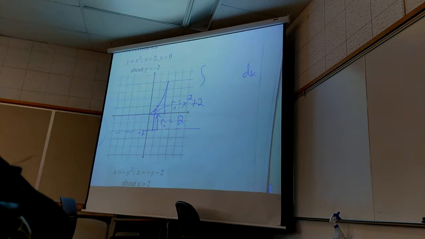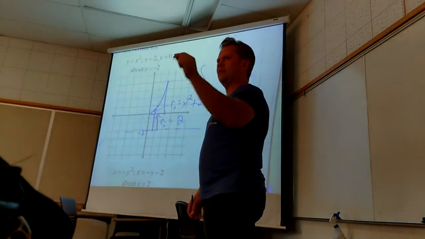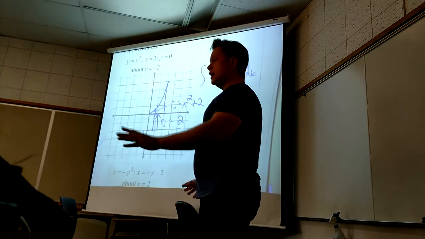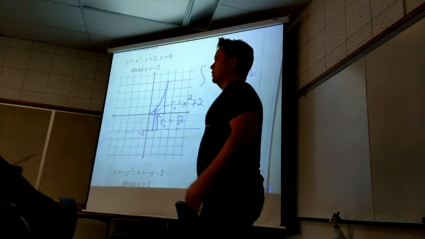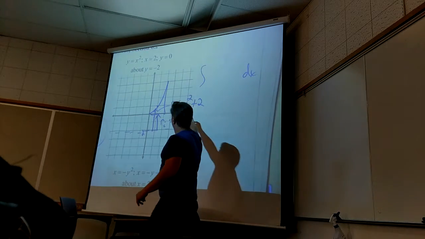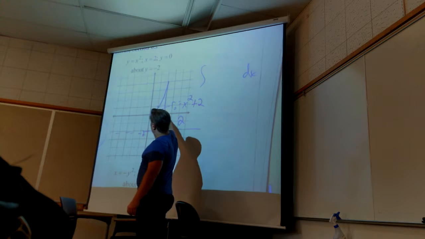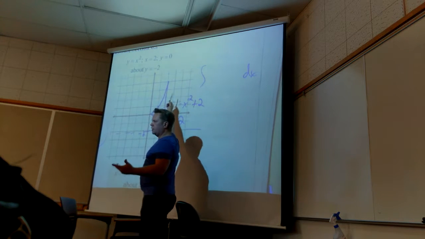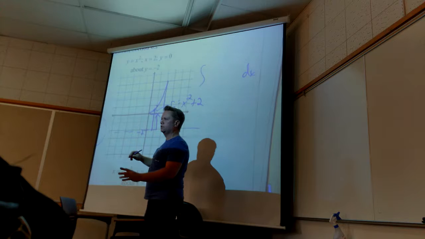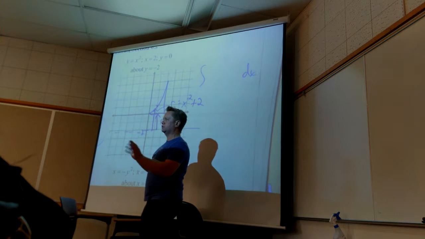So everything you have to do can be done in 2D. You don't have to suddenly be able to sketch 3D. If you can, do it. That's awesome. I want to see some of that so I can be jealous. Why is that x squared plus 2? Because how far away from this is it? It's 2 plus x squared. It's that simple. So identifying what the radii are, that's one thing.